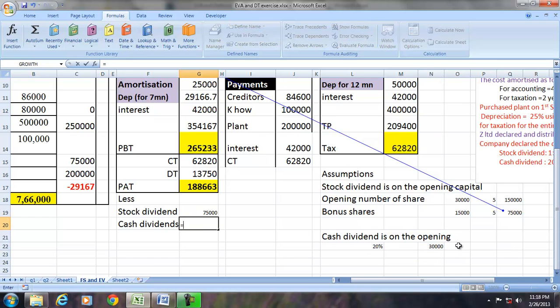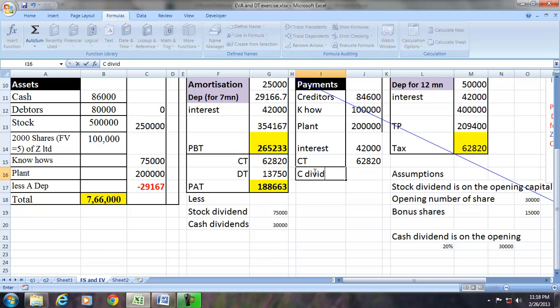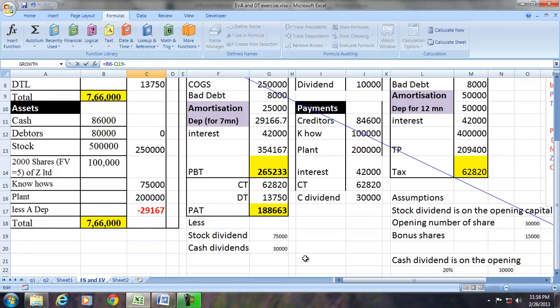So cash dividend is equal to 30,000. So therefore cash will come down to the extent of 30,000, and the reserves will go down to the extent of 30,000.